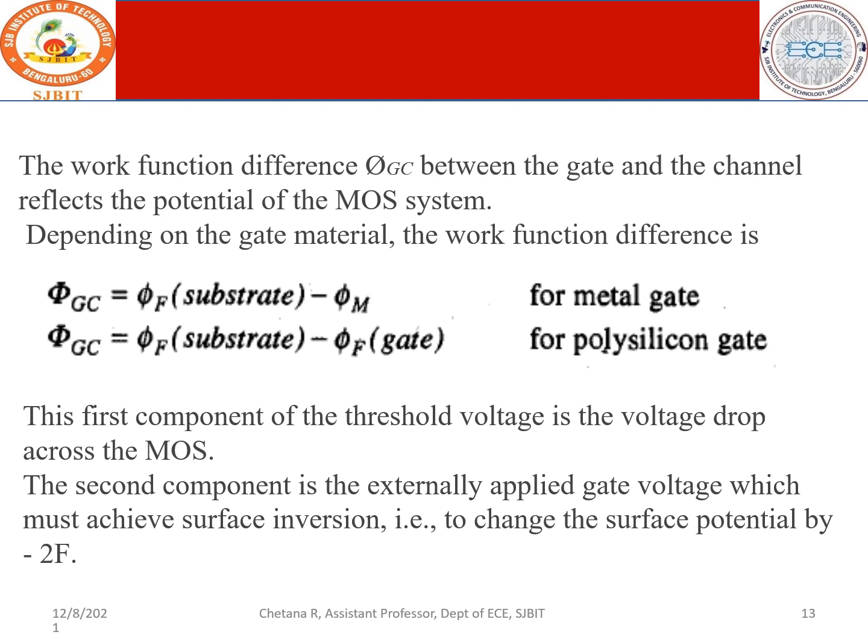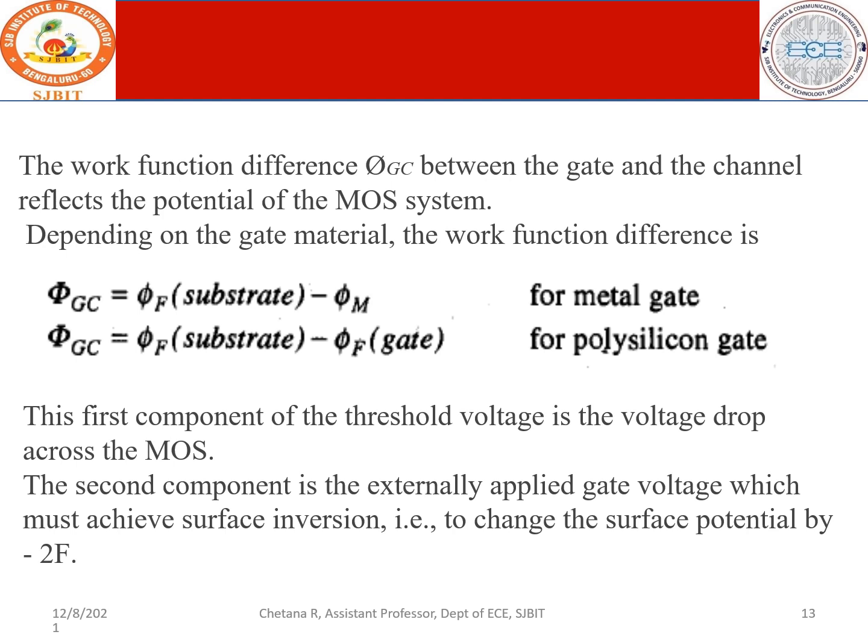So if it is polysilicon, you have to substitute the appropriate terminology. If it is metal, you have to have it as a metal. So phi GC is nothing but the channel and the gate. The channel is obviously given since the channel is inside the substrate.